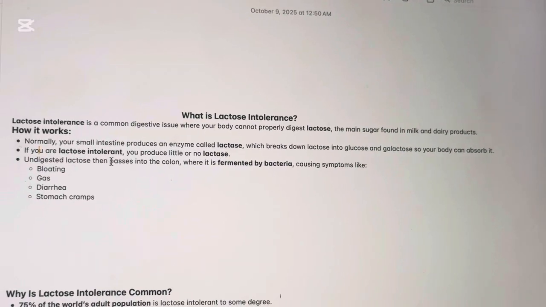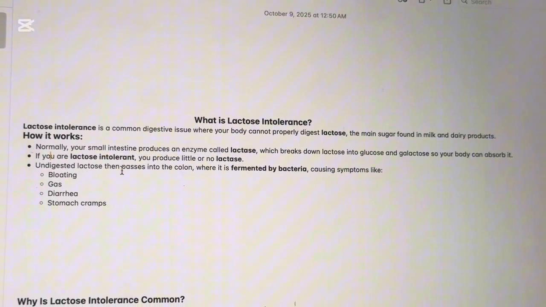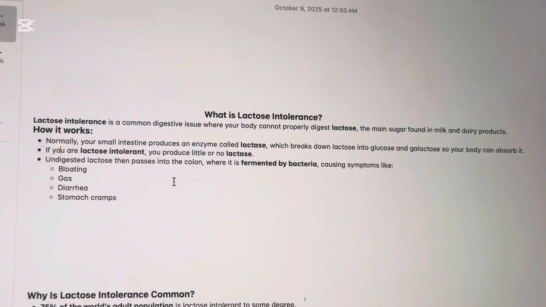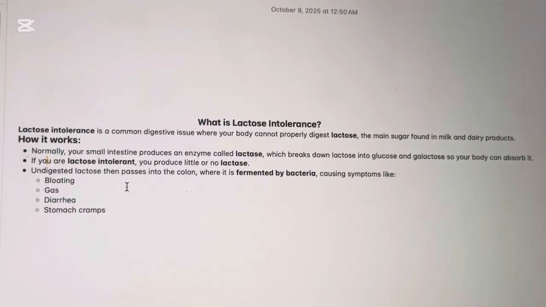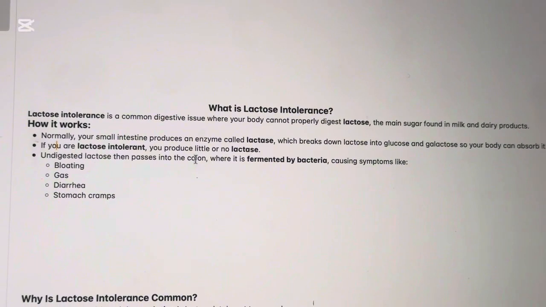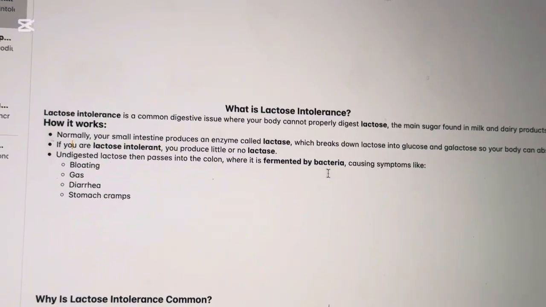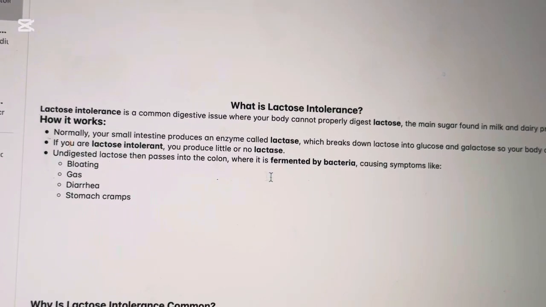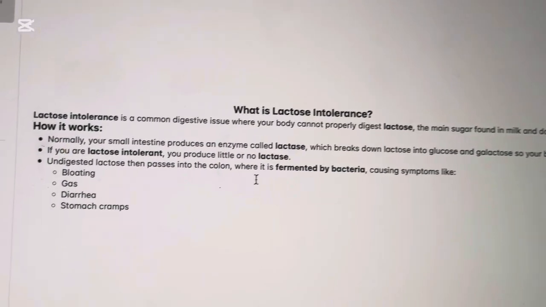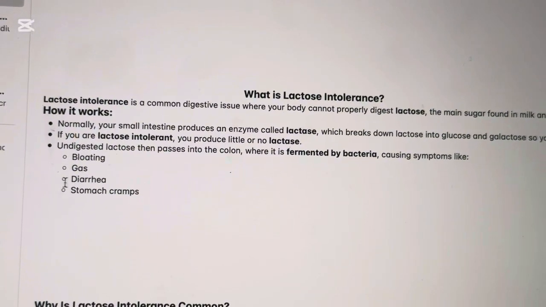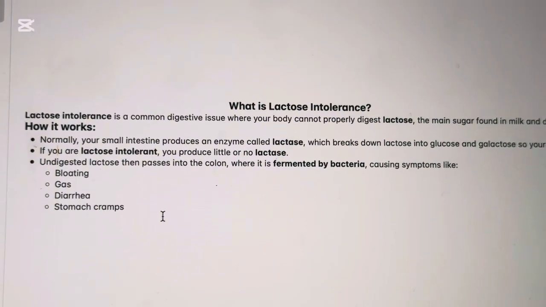But as adults, 75% of us are lactose intolerant, which means we are not able to produce enough lactase. Therefore, the undigested lactose passes into the large intestine, which we call the colon, and is fermented by the bacteria residing there. When they ferment it, they cause symptoms such as bloating, gas, diarrhea, and stomach cramps. And sometimes you even feel nauseated.